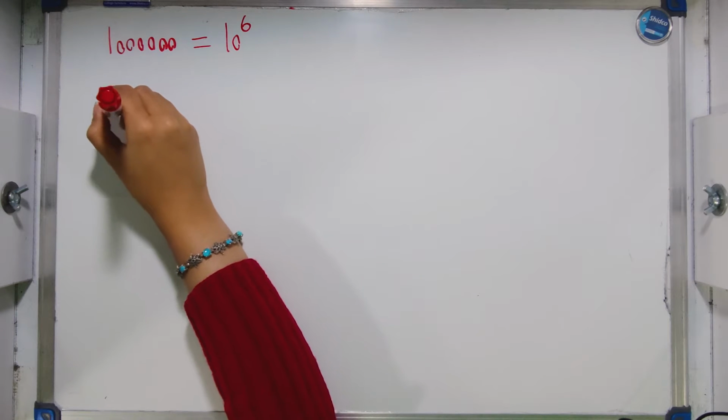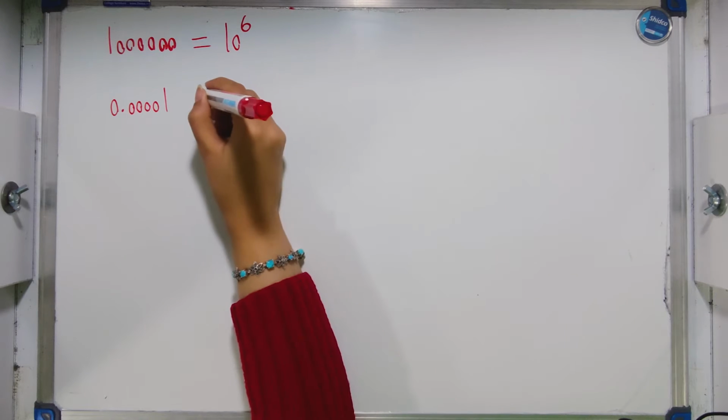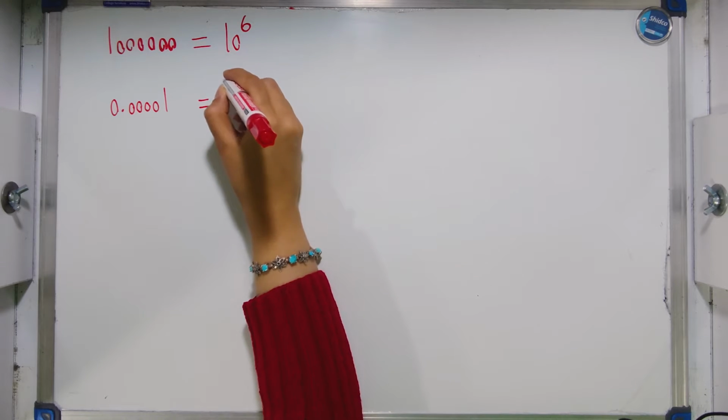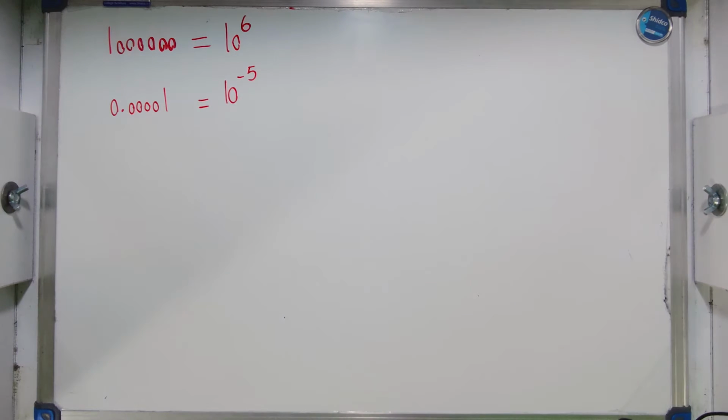Or instead of showing a small number like that, I say it's 10 to the power minus 5. So now we are going to learn how we can write numbers in scientific notation, or how we can change scientific notation to a standard form.